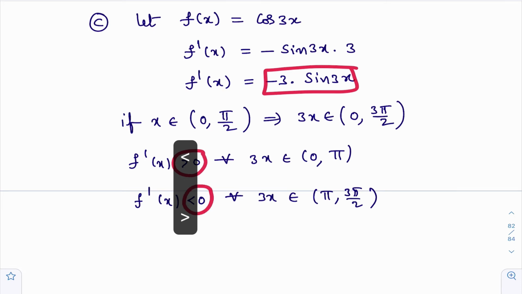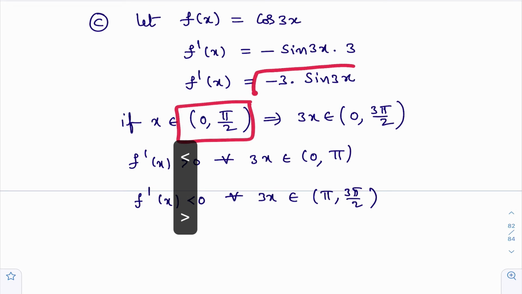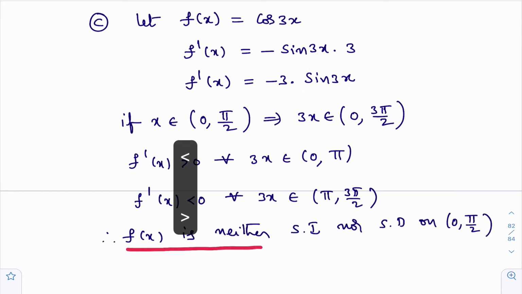When this is happening in a particular interval, that means when x is in this interval, its derivative is negative as well as positive also possible. In this case, we say that this function is neither strictly increasing nor strictly decreasing. Therefore, f of x is neither strictly increasing nor strictly decreasing on open interval 0, pi by 2.